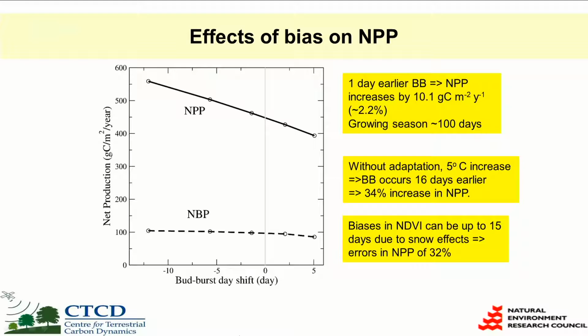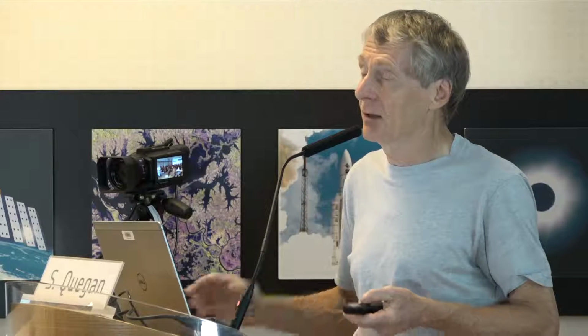And it matters a lot, because the punchline here is the top one there: if a tree or a forest chooses to come out a day earlier and it isn't killed by frost, it'll make a 2.2% increase in its ability to take up carbon.